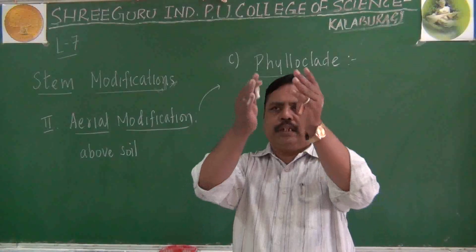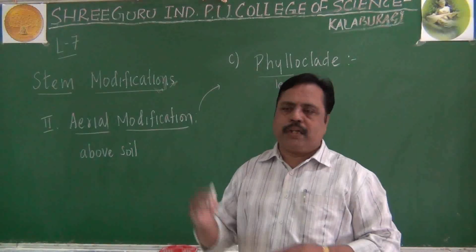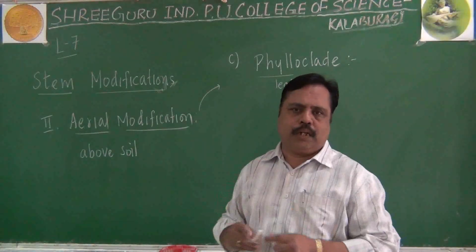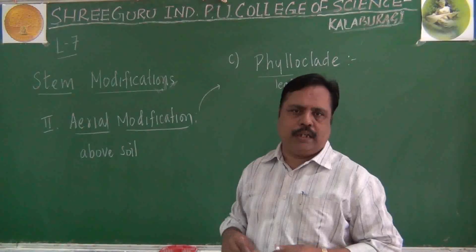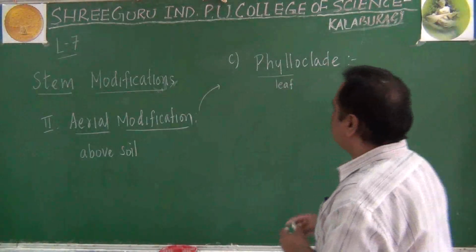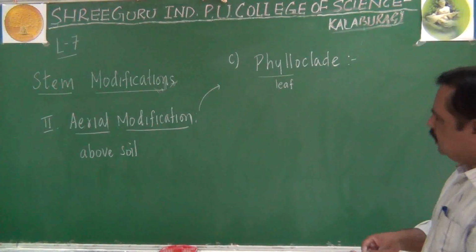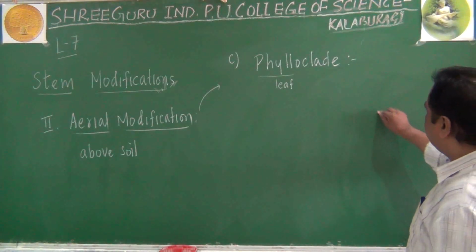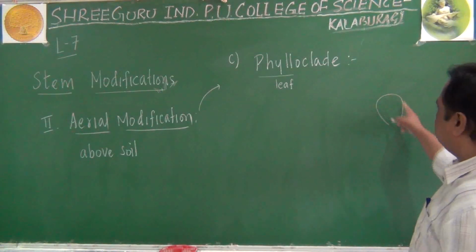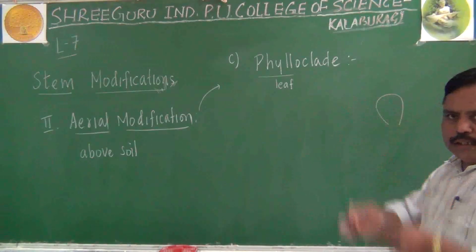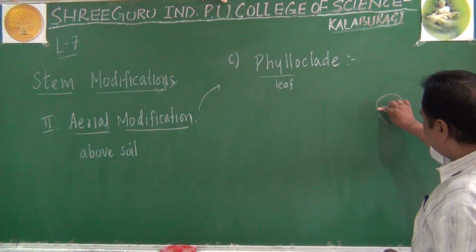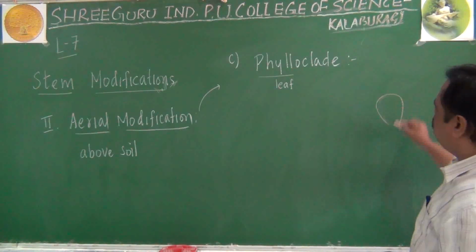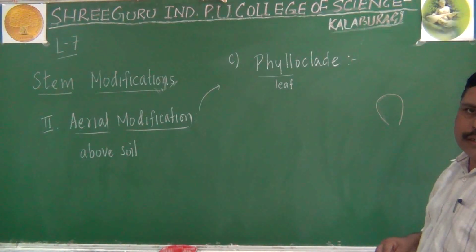The stem is a cylindrical part, but a leaf is a broad, wide part. So in some plants, the stem will be modified into broad structures like this. They are not cylindrical stems. They become green in color and broad and wide like this.